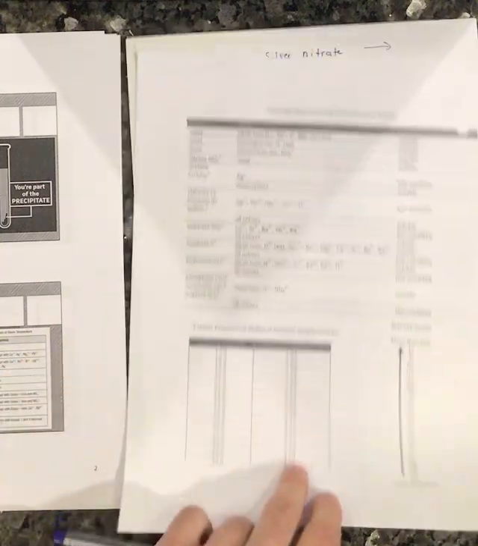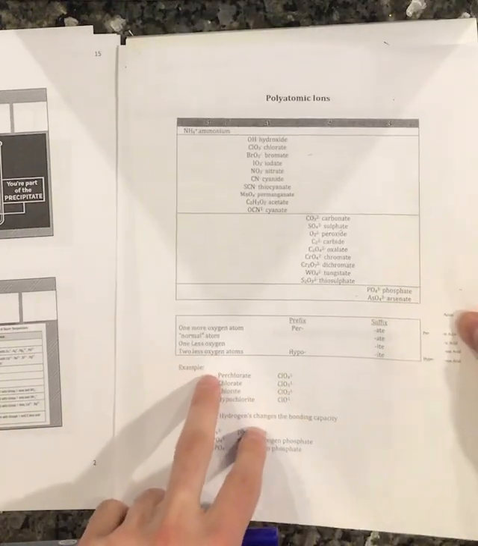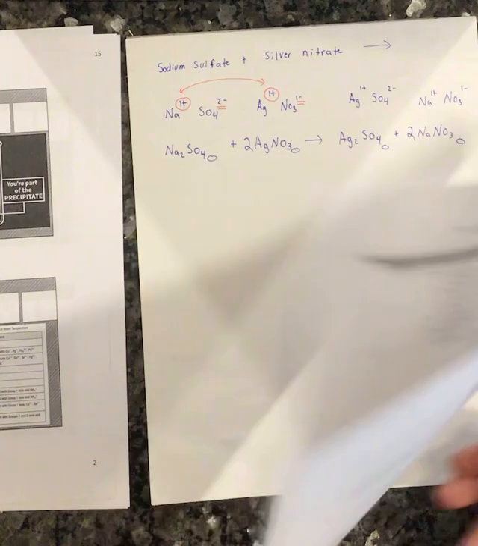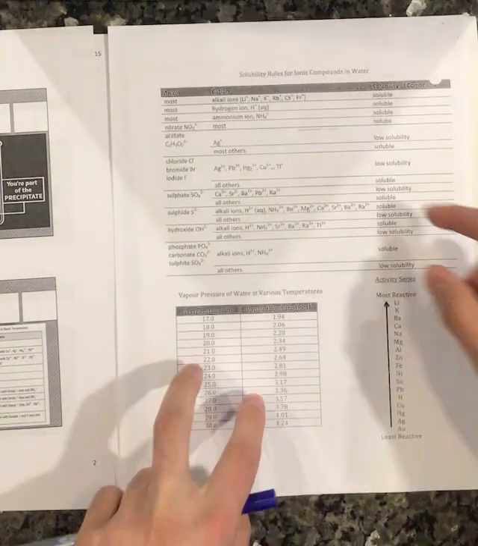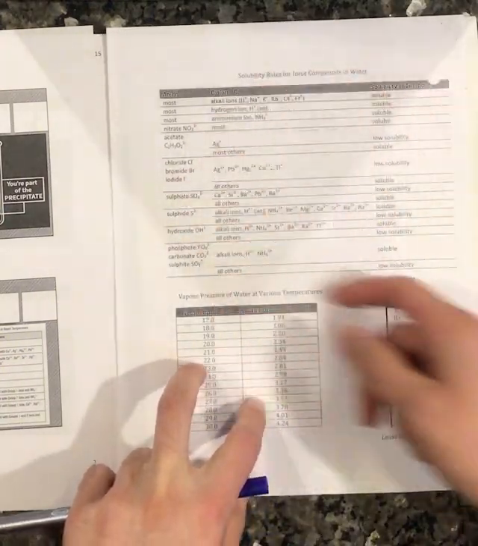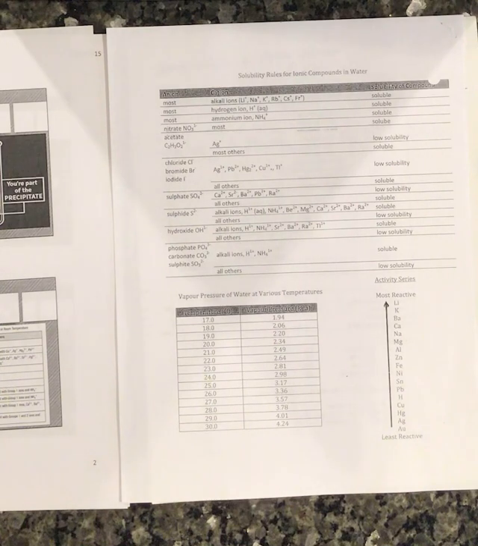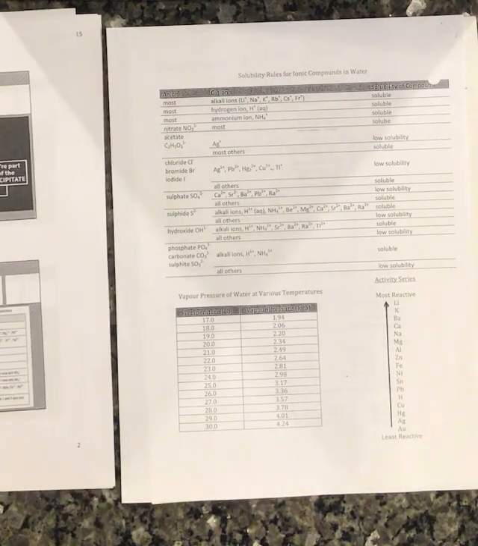This is our polyatomic ion sheet. If you flip it, this is the front side. If you flip to the back side, you'll see this chart over here. Quickly looking through it, it might not make too much sense to you, but we're going to go through it and figure out what we have.